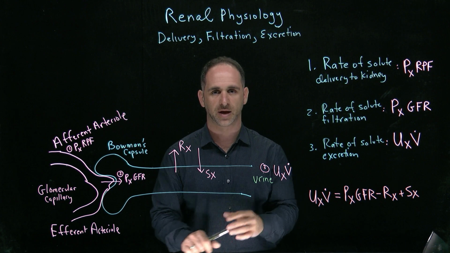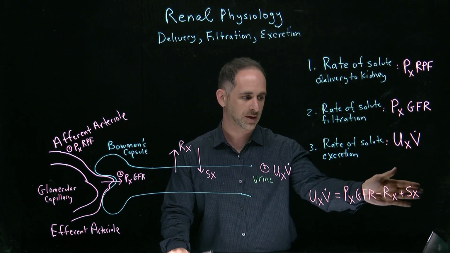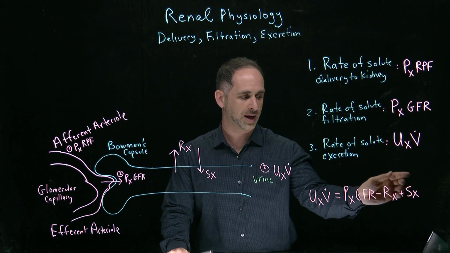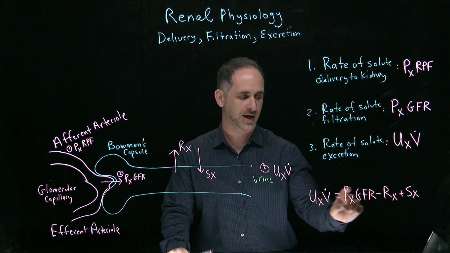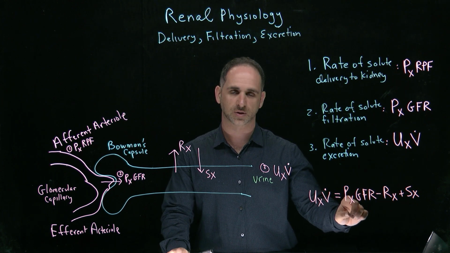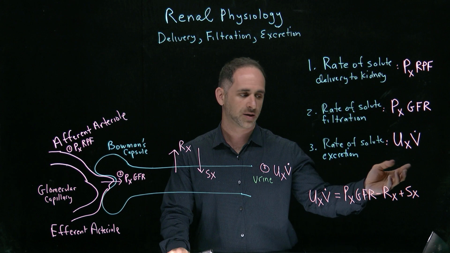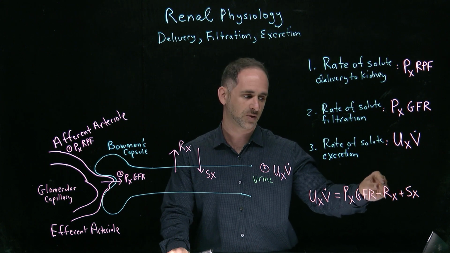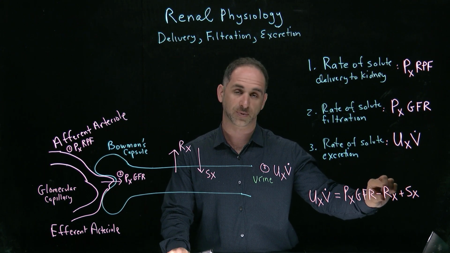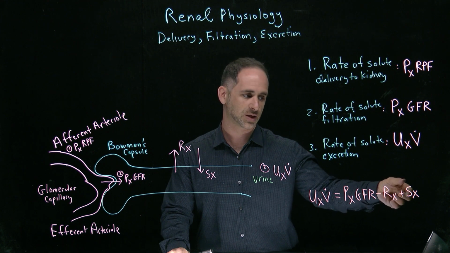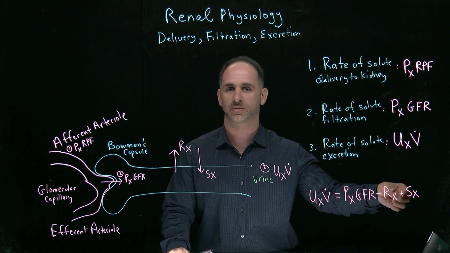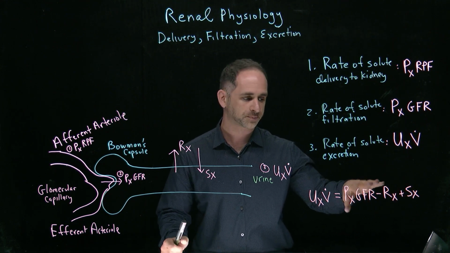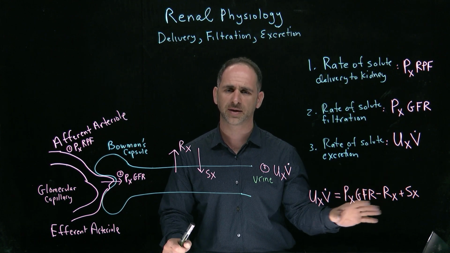Now, in the case of something that's not reabsorbed or secreted, this part would go away, Rx and Sx, and you just have Ux V dot equals Px GFR. Or if you had something that was just secreted, the reabsorption was 0, you would get rid of the reabsorption term. And if it was just reabsorbed and not secreted, you would get rid of the secretion term. So that's a good way to think about it.